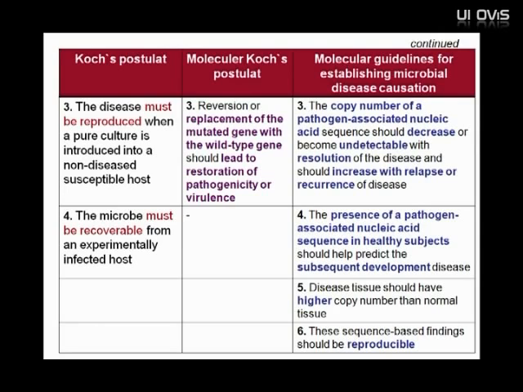First, the presence of pathogen-associated nucleic acid sequence in healthy subjects should help predict the subsequent development of disease. Diseased tissue should have higher copy number than normal tissue. And the last one is that these sequence-based findings should be reproducible.